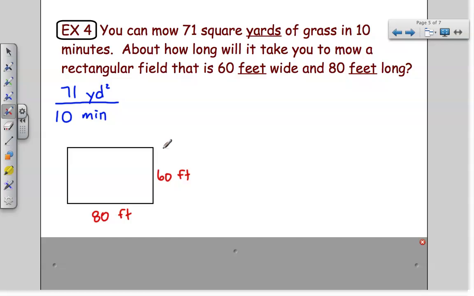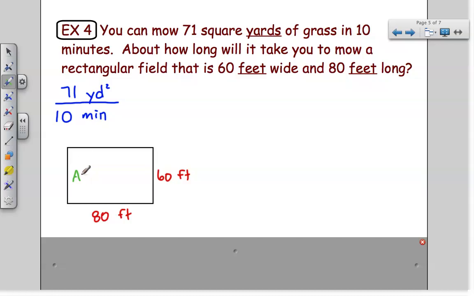Alright, you should be asking yourself, what am I concerned with here? If I need to mow this entire field, I'm really concerned about how much space, or how many, I guess in this case, square feet the field occupies, because I need to know the area. I need to know the space that I'm actually covering with the mower. That definitely is an area calculation that I need.